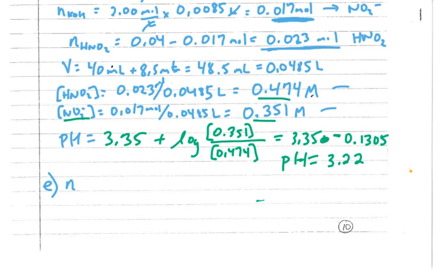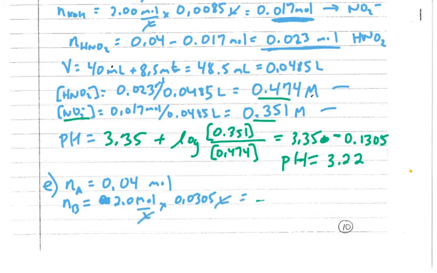So we already just calculated that the total number of moles of acid that we have is 0.04 moles. All right, so how many moles are we adding when we put in 30.5 mils? So it's 2.0 moles per liter times 0.0305 liters. I don't know why these are weird numbers.